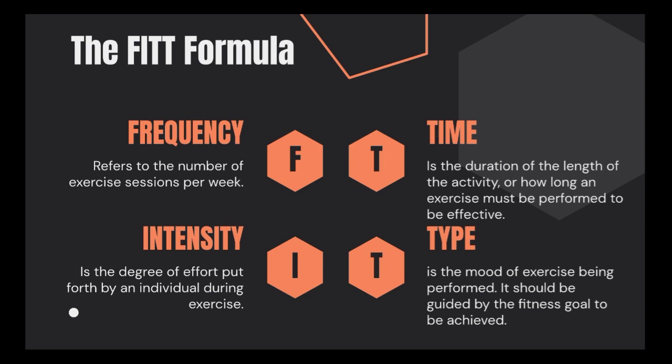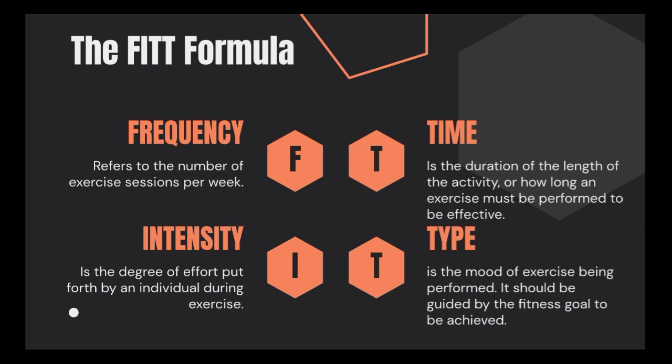So it is through the FITT principle, in which each letter represents a factor important in determining the correct amount of physical activity. We have first the frequency. It refers to the number of exercises per week. So how frequent or how often would you like to repeat your exercise sessions per week?